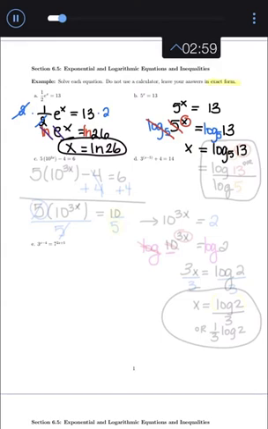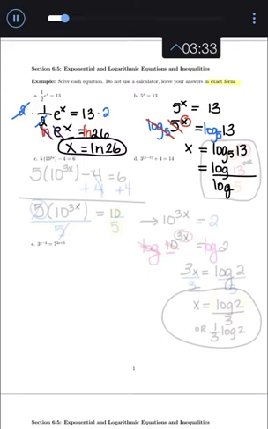Now, sometimes they're okay with me writing it like that. Sometimes they aren't. Sometimes they'll say I want ln's or I'll want logs. Remember, if they're forcing that on you, or if they want you to use your calculator to figure out what this is as a decimal, then there is no way around it. You'd have to use your change of base formula. So if they ask for, let's say, logs, you could rewrite it as a log.